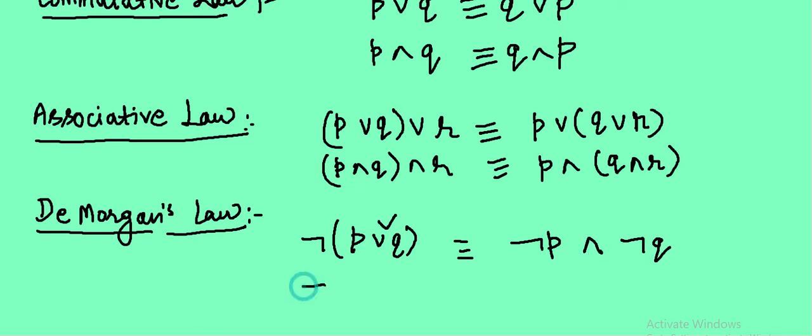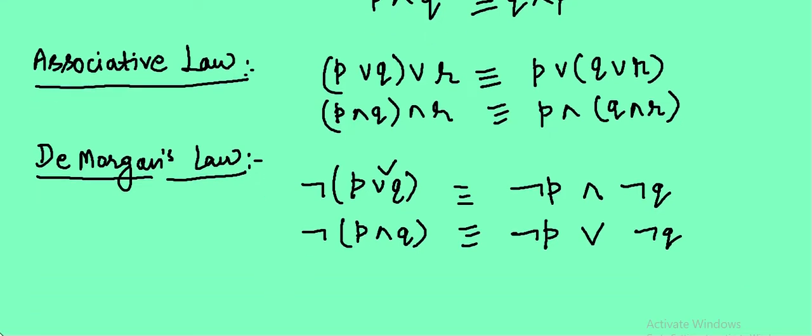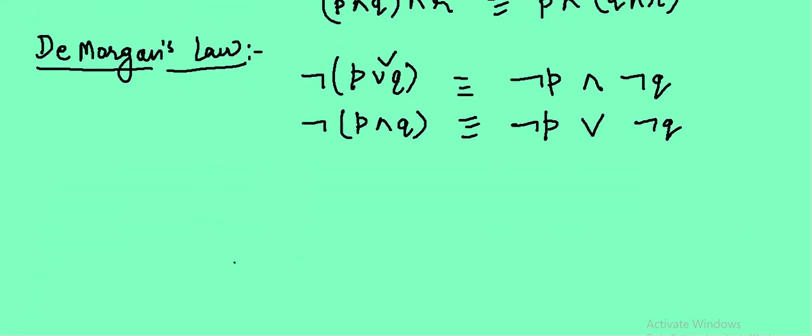For the other case, the negation of P conjunction with Q will be equivalent to not P or not Q, and this symbol will change to this symbol. So this is a very important topic and a very important law. You must understand this and must remember this.